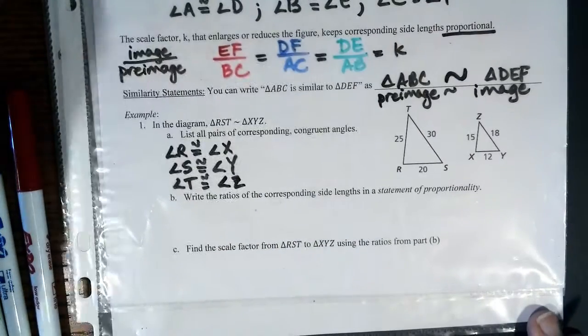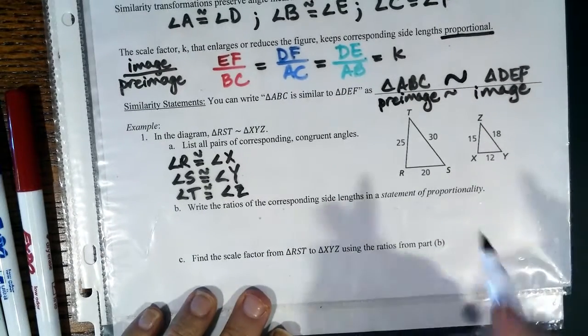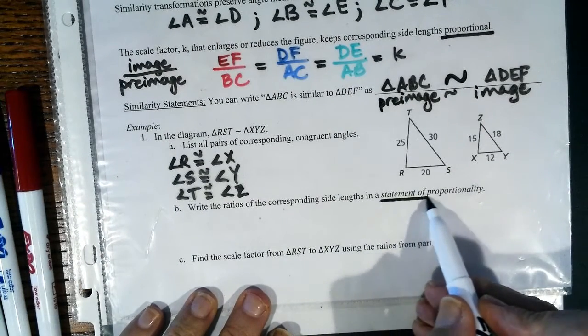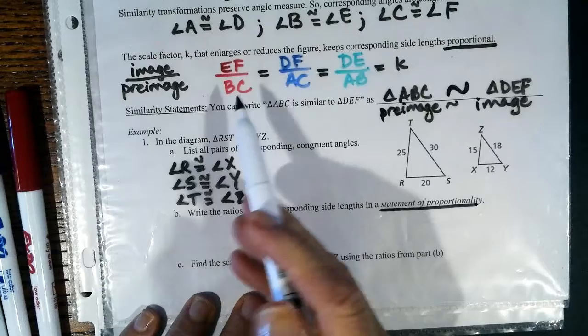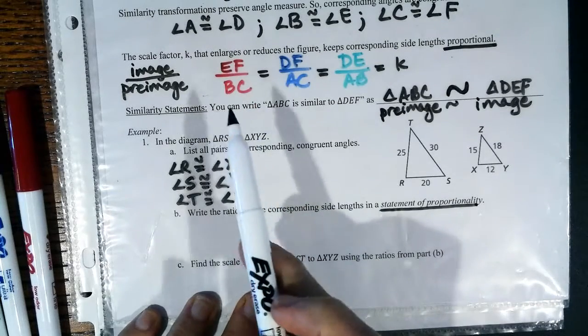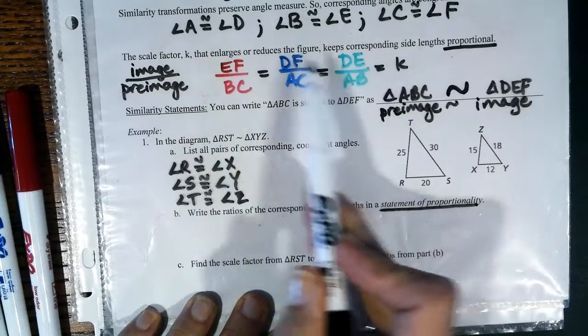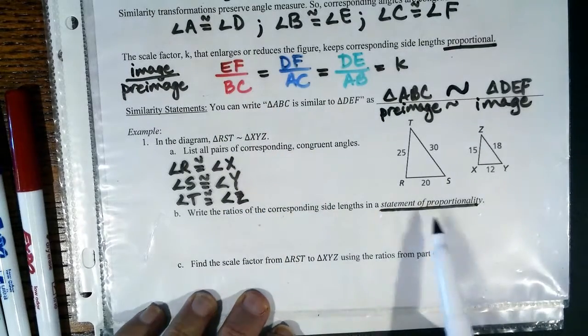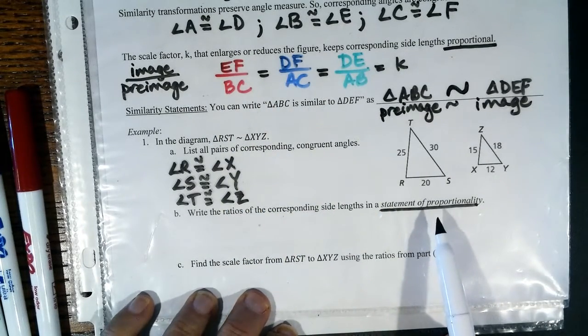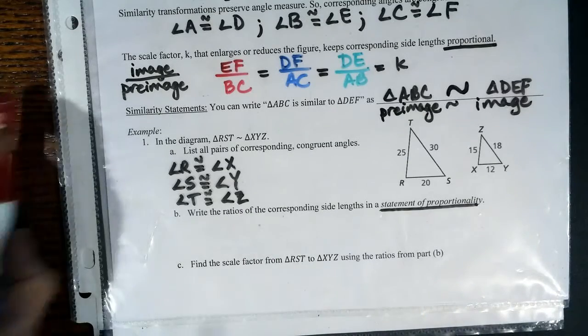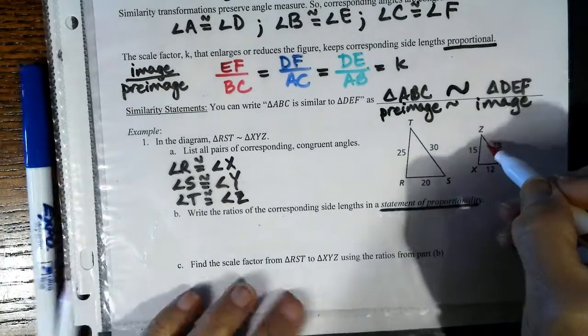Next, I'm going to write the ratio of the side lengths. So a statement of proportionality is like this. A proportion is a fraction equal to a fraction. So as long as you have something like this, that's called a statement of proportionality. So again, I could do this in colors.